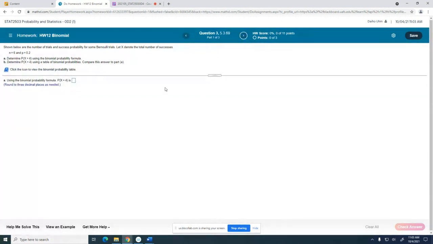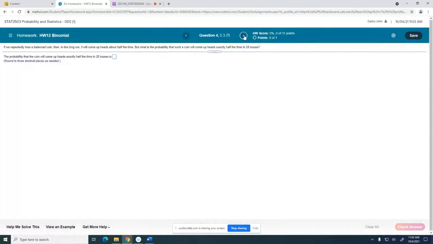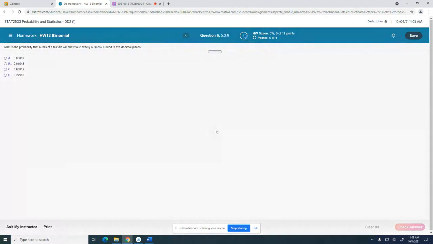And question number 3 is the same thing. It's another n, another probability. You can take the probability by the formula, or you can take the probability from the table. And here the regular ones are number 4, 5, 6 and 7. So I want to try one of them.